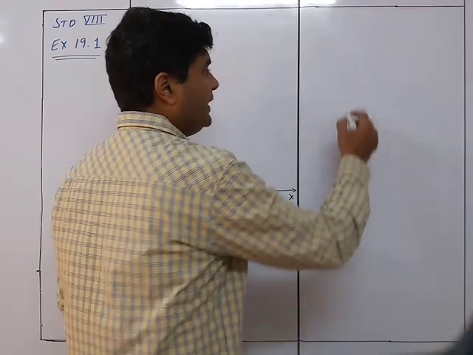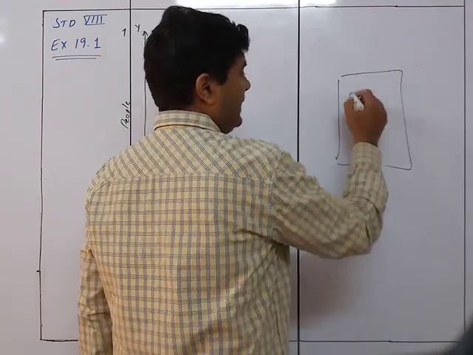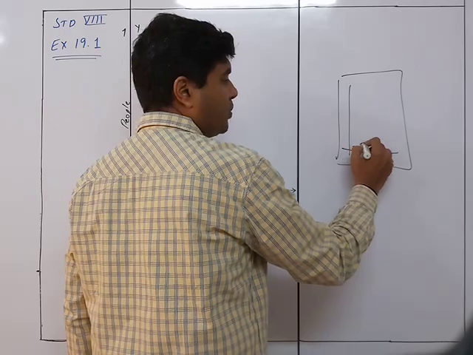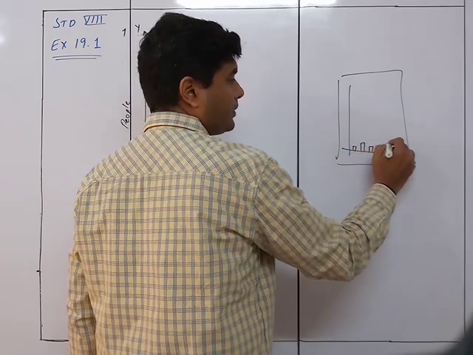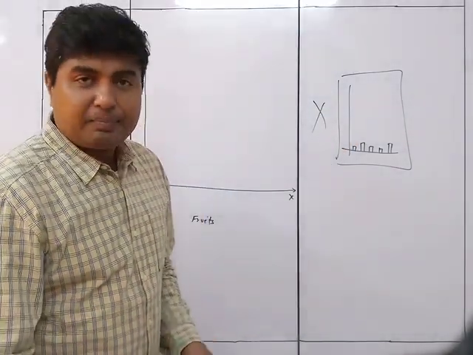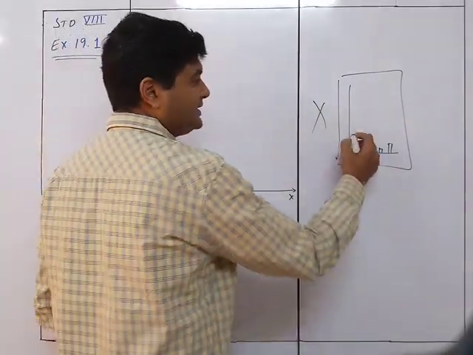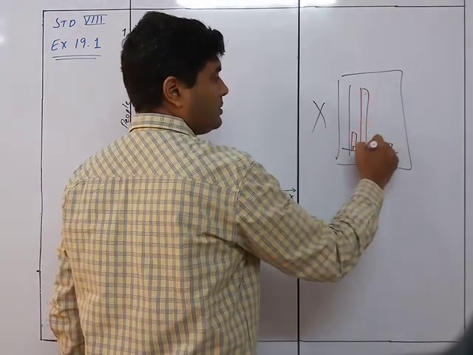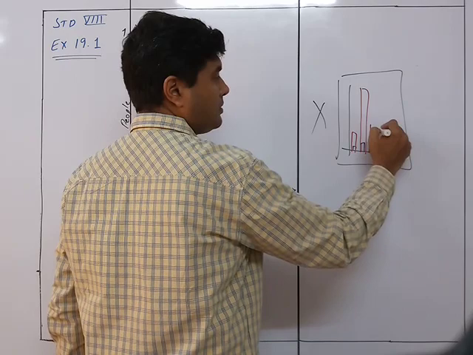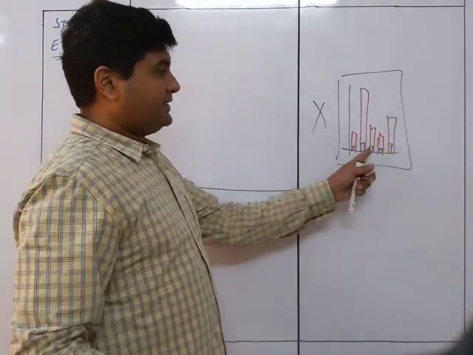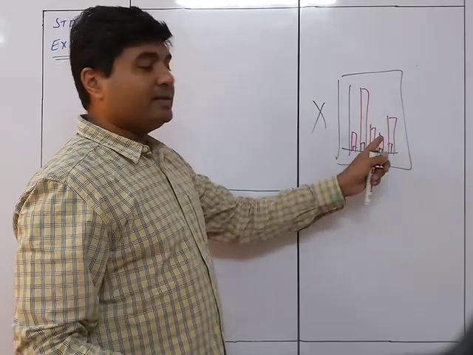For example, if I take a scale in such a way that my graph is so small, then I get it completely wrong. It is necessary that my graph should be bigger, so I take a bigger scale.